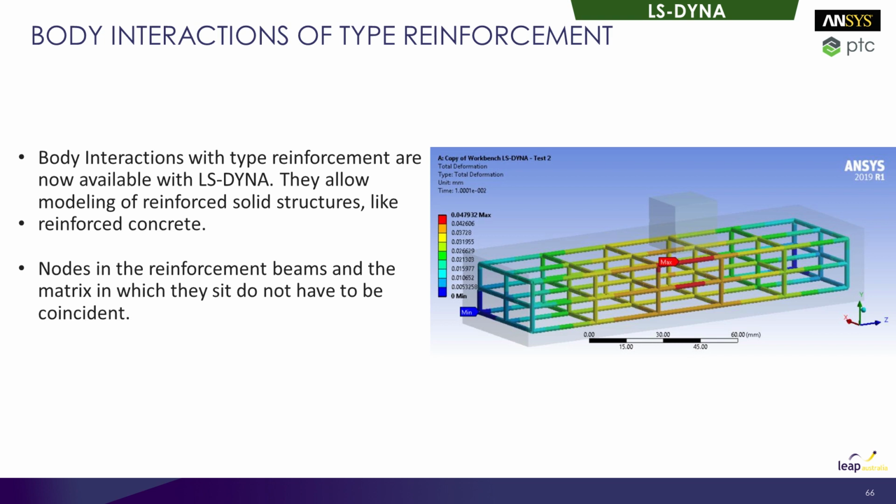So this body interactions reinforcement feature allows you to have completely independent meshes between the beam elements and the solid elements, and the beam element nodes are constrained to within a particular parametric location inside the solid element. So you can do these concrete reinforcement models or steel-belted radial tires where you have beams representing the steel radials inside the rubber solid elements.